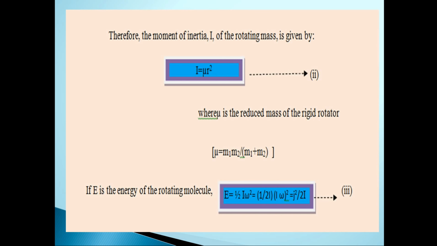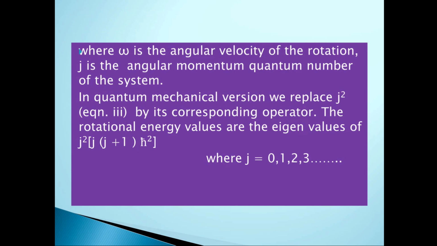And if we denote the energy of the rotating molecule by E, then this E is equal to half I omega square, where omega is the angular velocity. And further simplified, in terms of the rotational quantum number, it comes equal to J square upon 2I. This is given in equation 3. Now, what do we do?